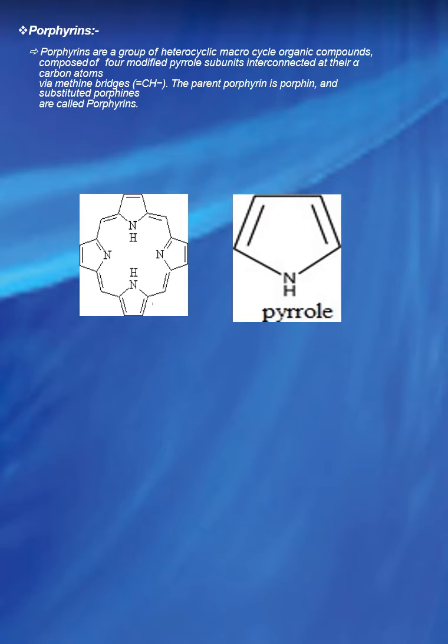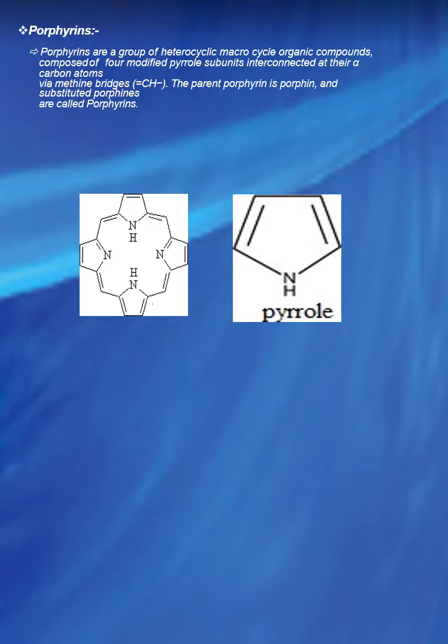Along with this we have pyridine and furan, where furan is a 5-membered ring with chemical formula C4H4O, and pyridine is a 6-membered ring with chemical formula C5H5N, which is very closely related to benzene with one methine group replaced by 1 nitrogen atom.